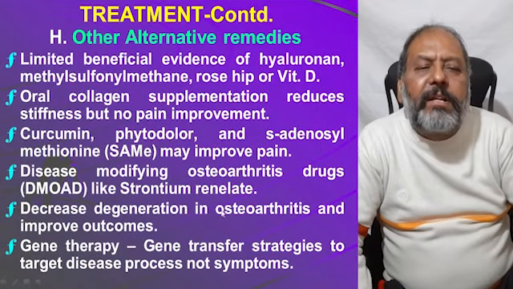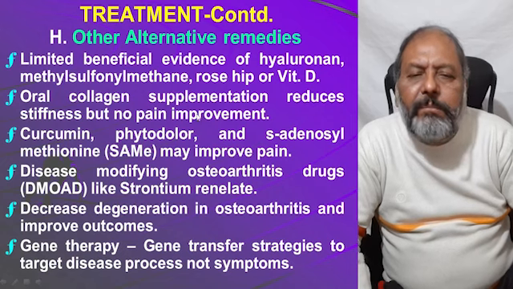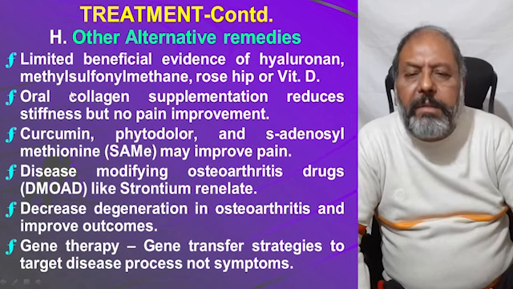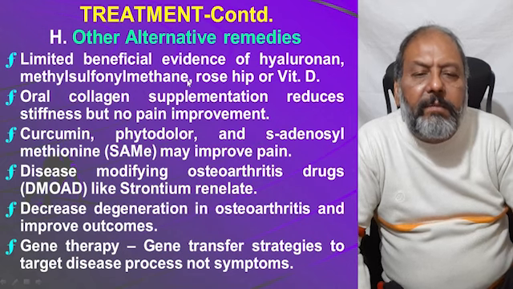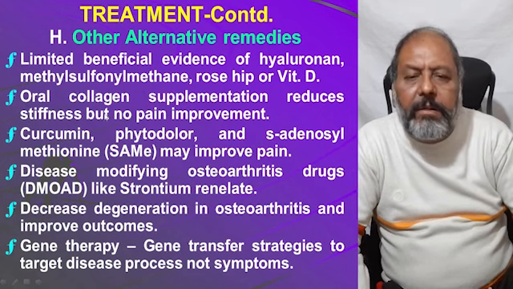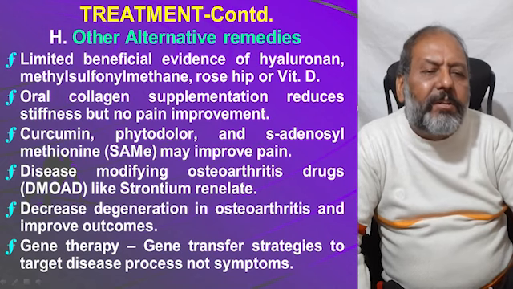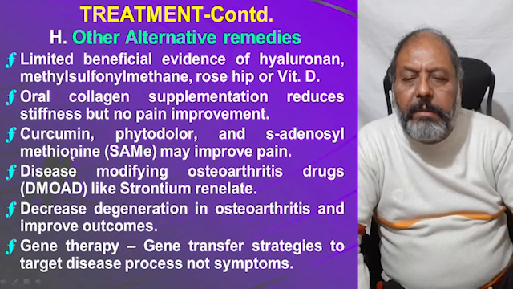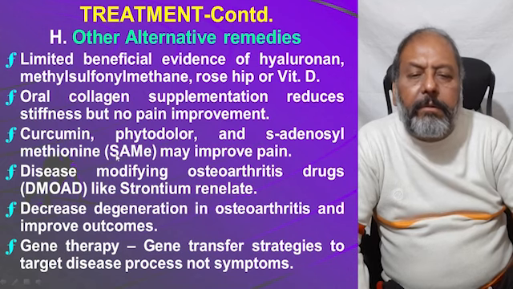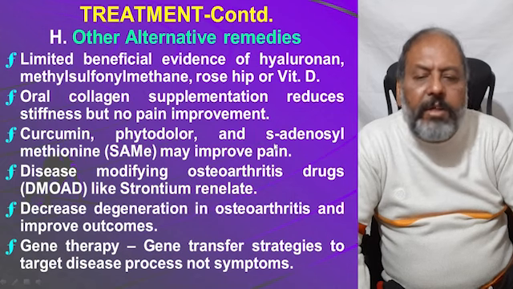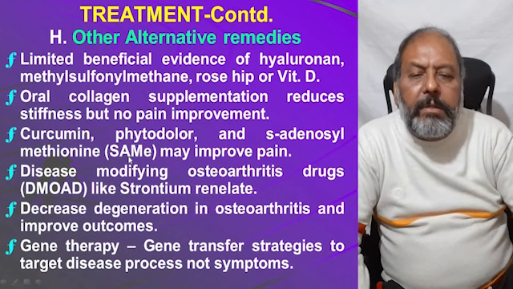The other alternative remedies have limited beneficial evidence: hyaluronan, methyl sulfonyl methane, MSM, rosehip or vitamin D. Oral collagen supplementation reduces stiffness but gives no pain improvement. Curcumin, phytodolor, and S-adenosyl methionine, SAMe, may improve pain.